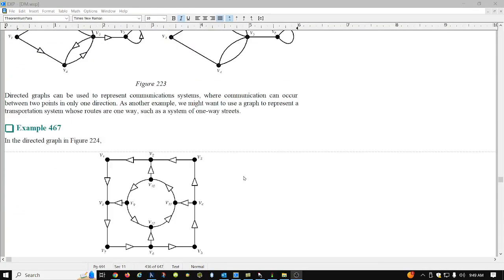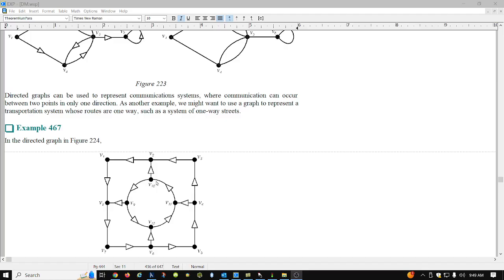Directed graphs can be used to represent all sorts of important things in applications, like communication systems, where the communication can only go in one direction. Also transportation systems whose routes are one way.